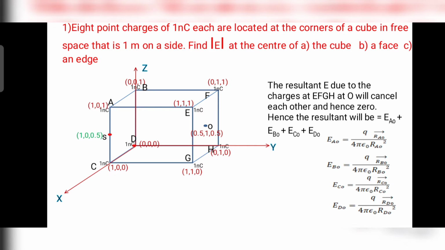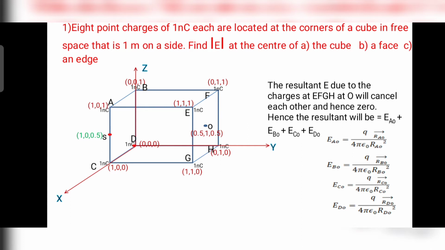When you consider point O, the electric field intensity due to EFGH will be nullified, because they have equal impact in opposite directions. Hence the resultant electric field intensity because of EFGH will be equal to 0 at point O. And we have to find the electric field intensities because of the charges located at A, B, C and D for this case.